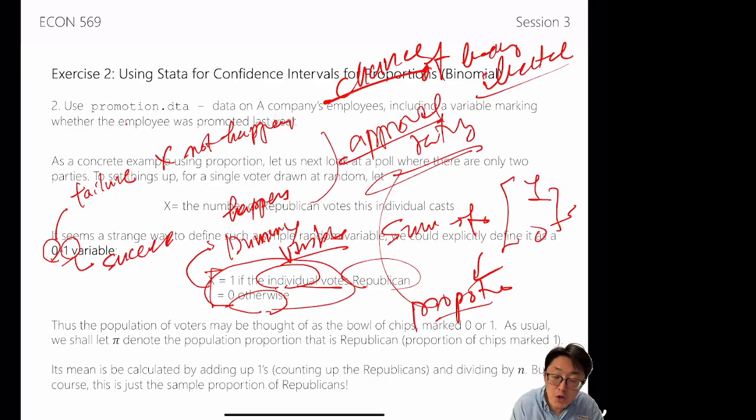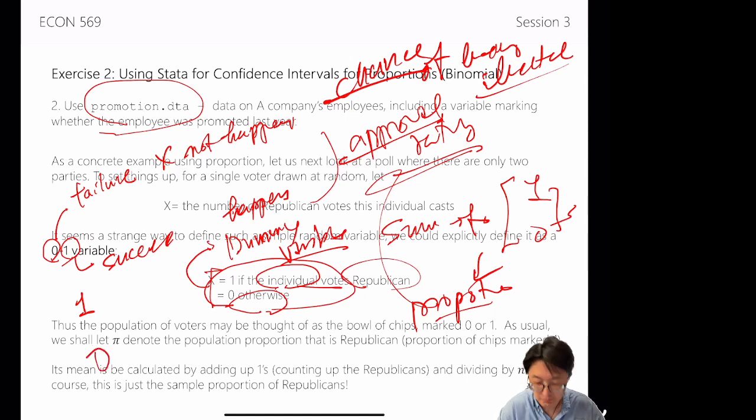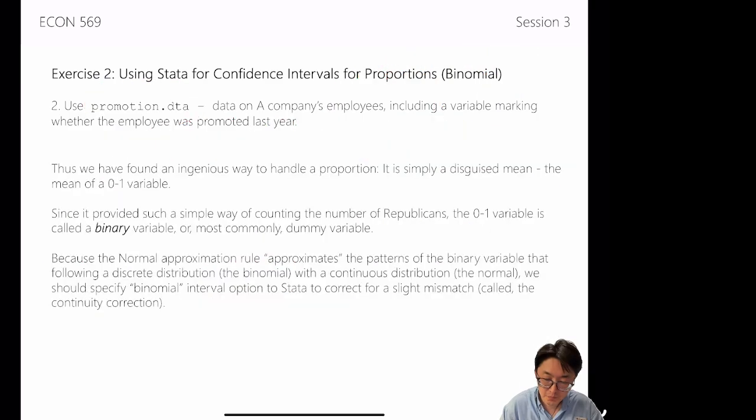And if you take a look at the promotion data, if this employee was promoted, then it is coded as 1. If not, it's coded as 0. So this is a binary variable, or sometimes we call it a dummy variable.